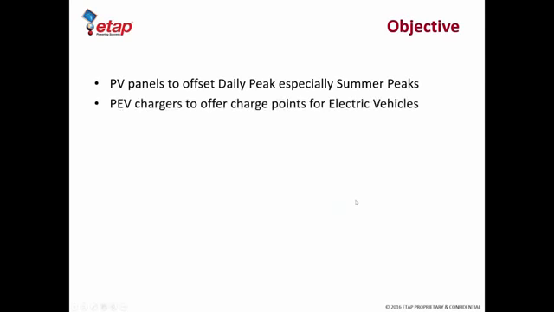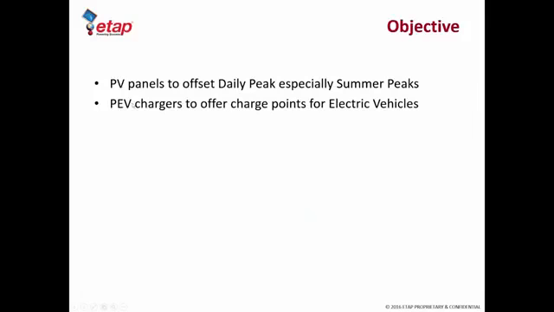So the objective for the overall system was to add panels and offset the daily peak, especially the summer peak. Our corporate office is based in Southern California. We are blessed to have clear blue skies, warm weather. So we should be able to take advantage of the summer peaks and offset the daily peak demand with the power from the PV panels, and overall reduce the overall energy consumption.